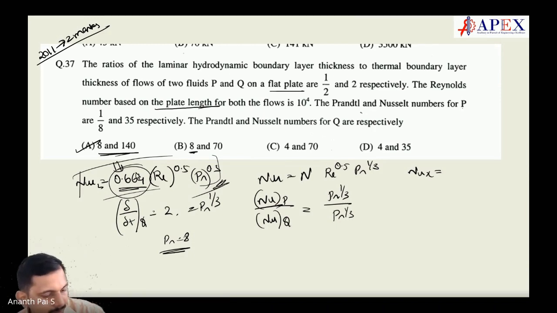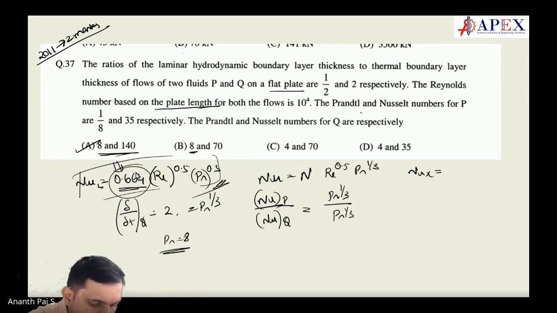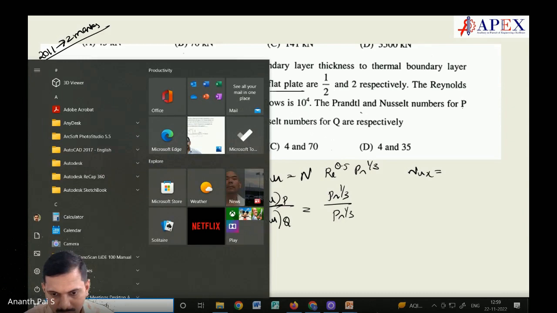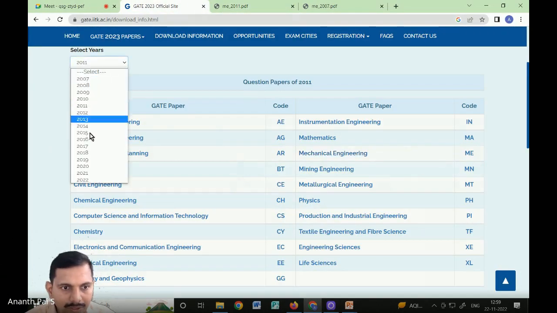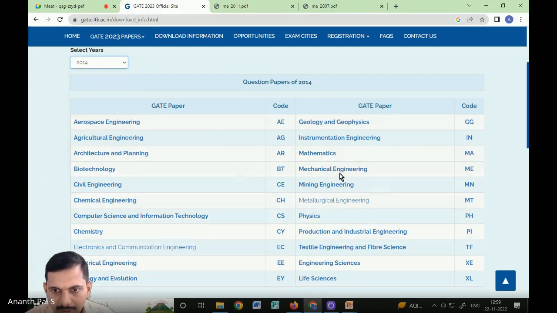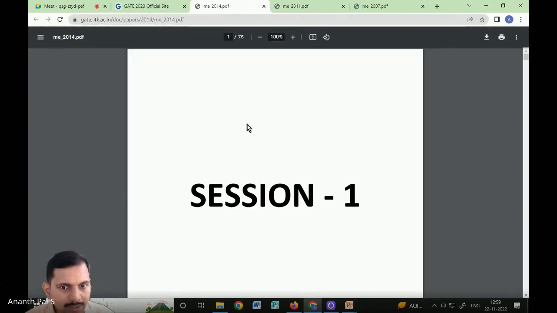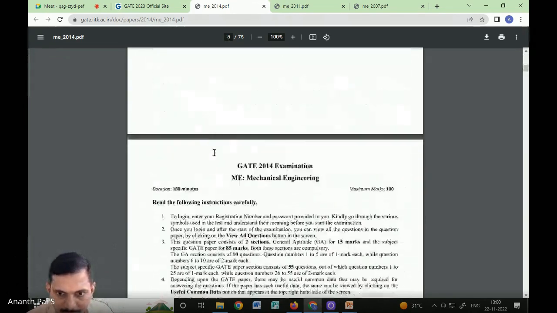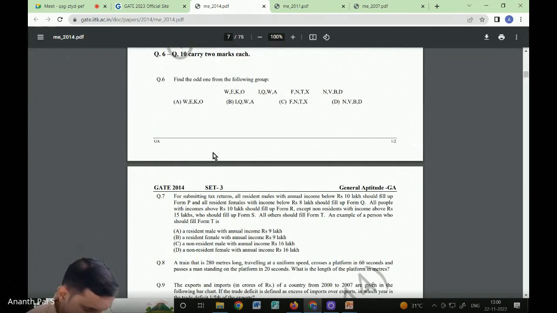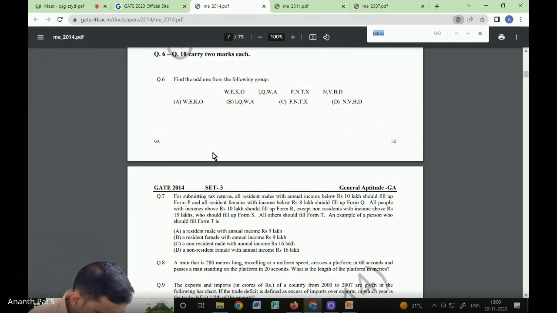Next question has come in 2014 for 2 marks. Let us check it out. 2014 for 2 marks. I'll give this and then you will do it. So evening class, you should get the answer for this. So it's already time, but in the evening class, you must get this question. 2014 set 1, for 2 marks. So I don't think I can do a search for this. Let us see.